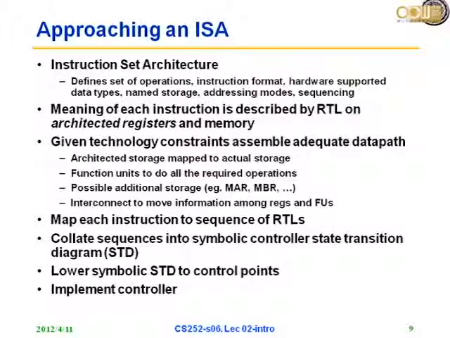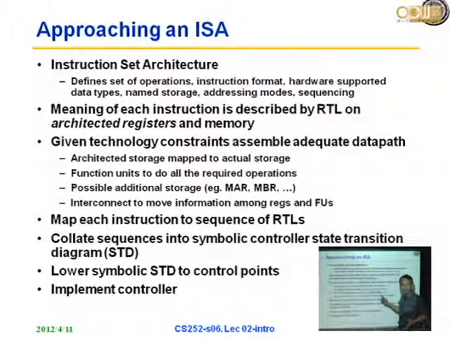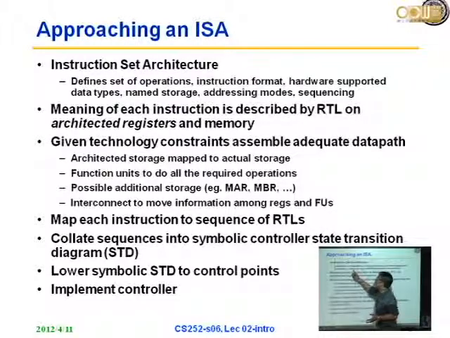And possible additional storage, like we never specify the memory address register or memory buffer register in the instruction set, but they may be helpful. Why can they be helpful? Because whatever is fetched back from the memory could be placed in the proper register in following cycles.